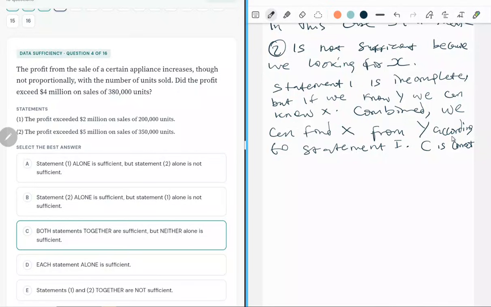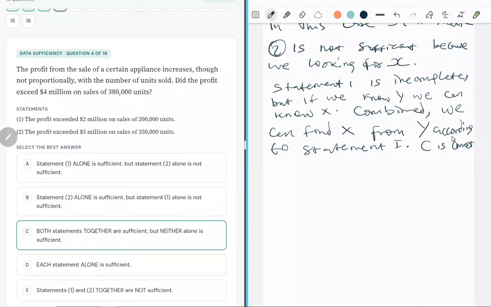Yeah, it exceeds at 200, but does it exceed 4 million on a sale of 380? No, the sale of 380 might also be 3 million. But it's still increasing per sales. So even if you put it at 3 million, it's still above 2 million.